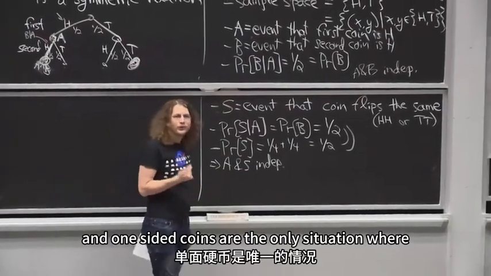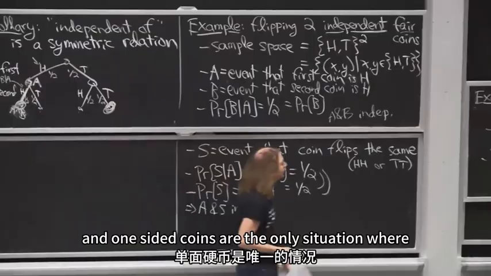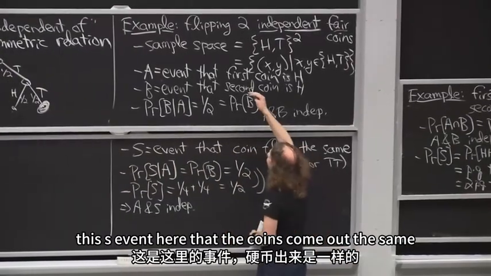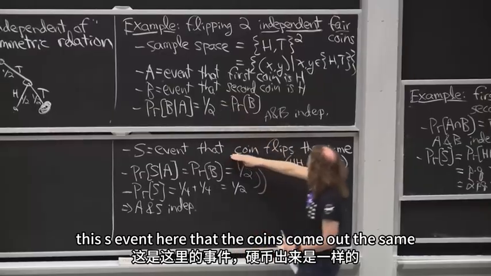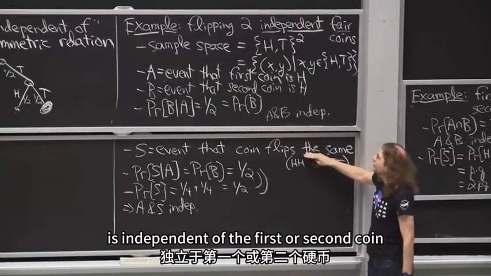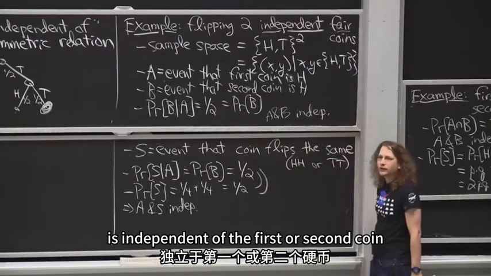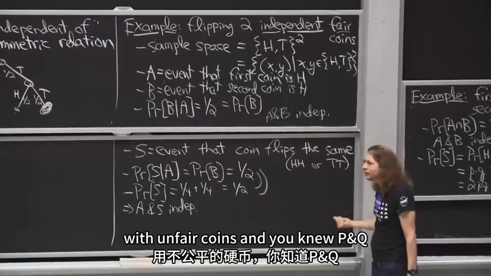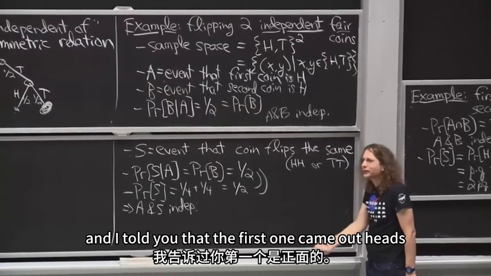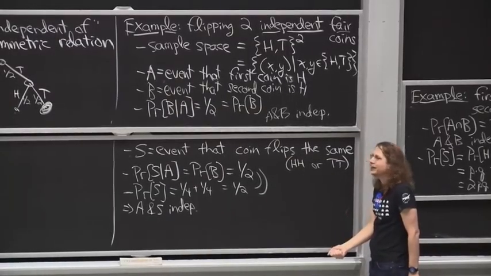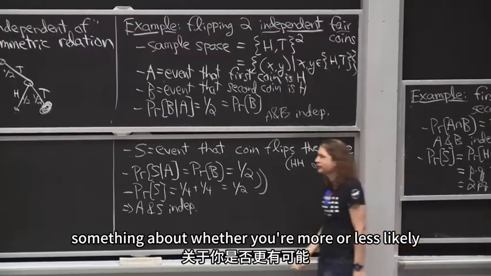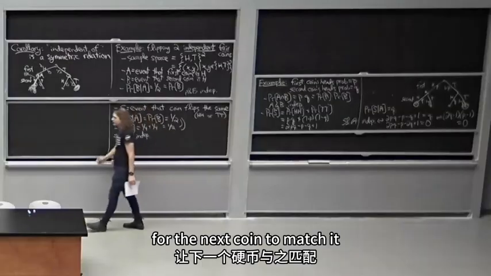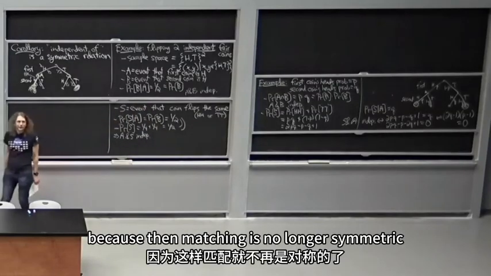Fair coins and one-sided coins are the only situation where this S event, that the coins come out the same, is independent of the first or second coin. So if we were playing this gambling game with unfair coins and you knew P and Q, and I told you that the first one came out heads, that actually tells you something about whether the next coin is more or less likely to match it, because then matching is no longer symmetric.